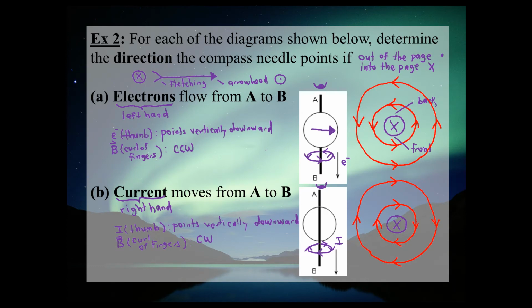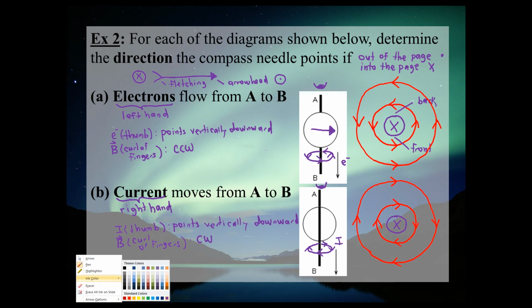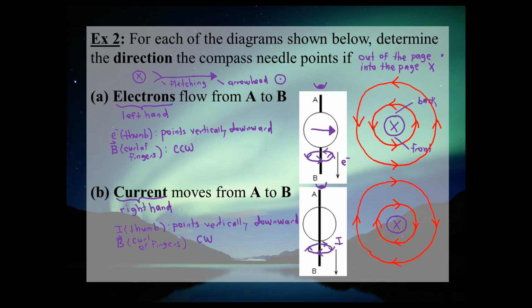Now, in terms of the direction that the compass needle points, once again this is the front of the wire and this is the back of the wire. In this problem, the compass is behind the wire, so that's at the back. If we look at the magnetic field at the back, the magnetic field is pointing towards the right.